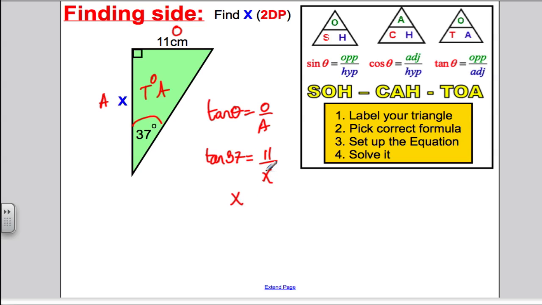Making x the subject, the x and the tan 37 swap, I get 11 over tan 37. Type that in your calculator. I get 14.60. X is 14.60 centimeters. Take a look at the next question, pause the video, have a go, check your answer with mine.